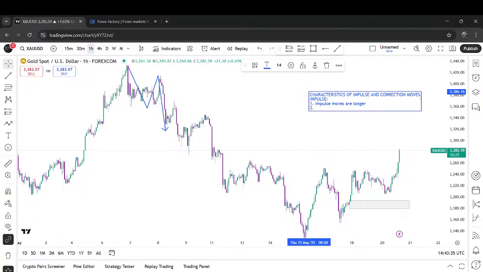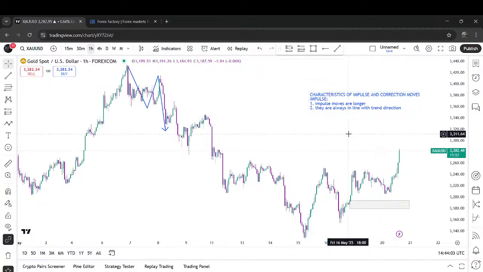Number two, impulse moves are always in line with trend direction, right? So impulse moves are always in line with trend direction. That's two there. I will still state more for you.